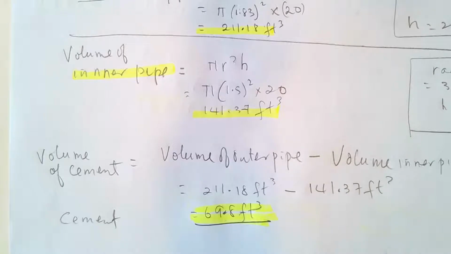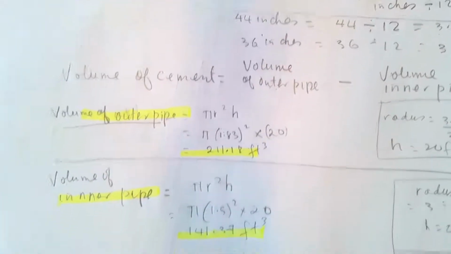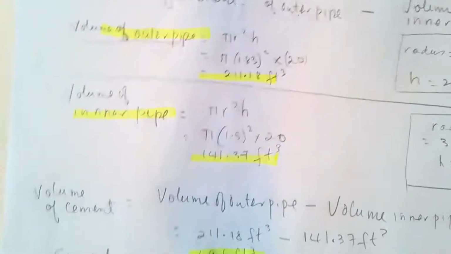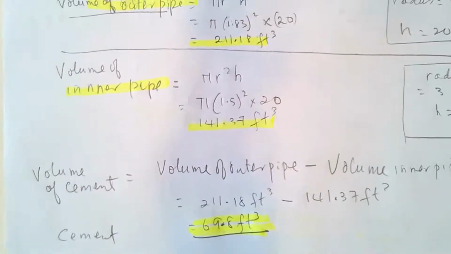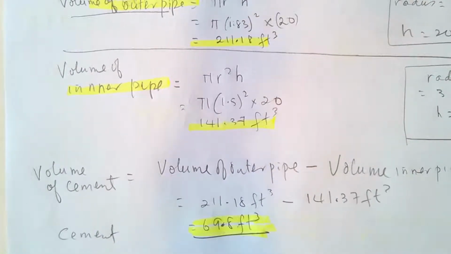So step one, when doing a question of this nature, when it's giving words, you will have to do an illustration of the question to help you to visualize what it is.